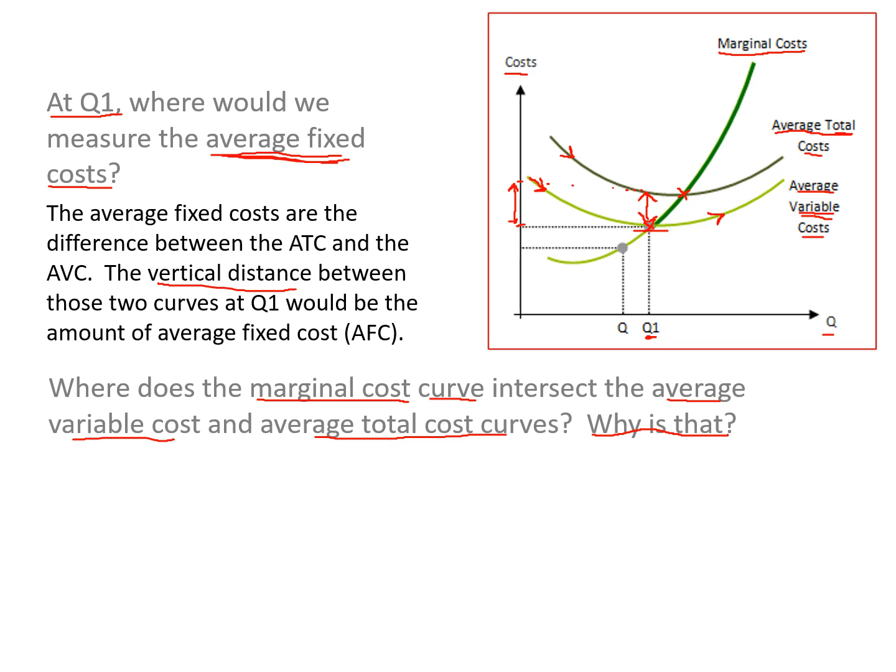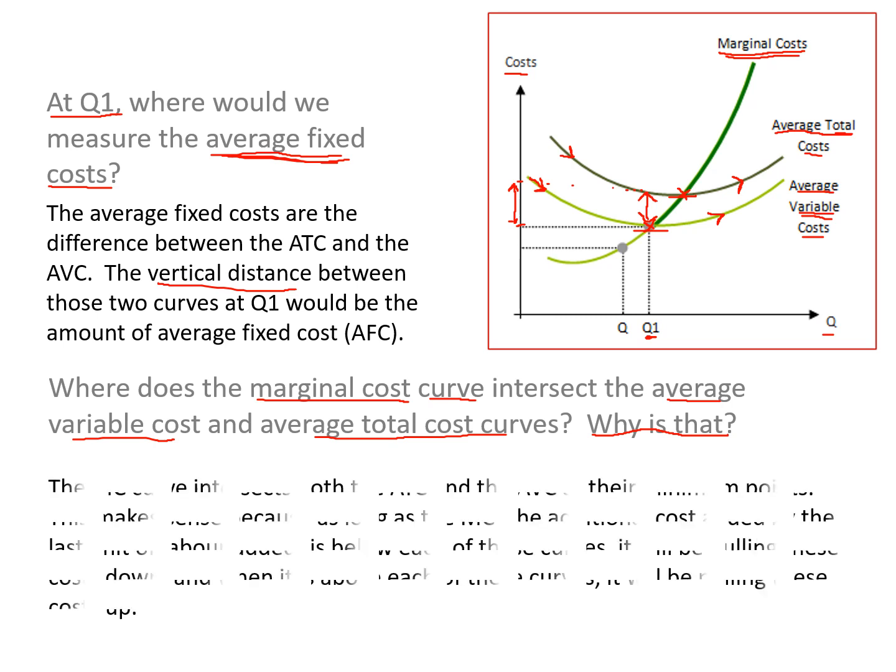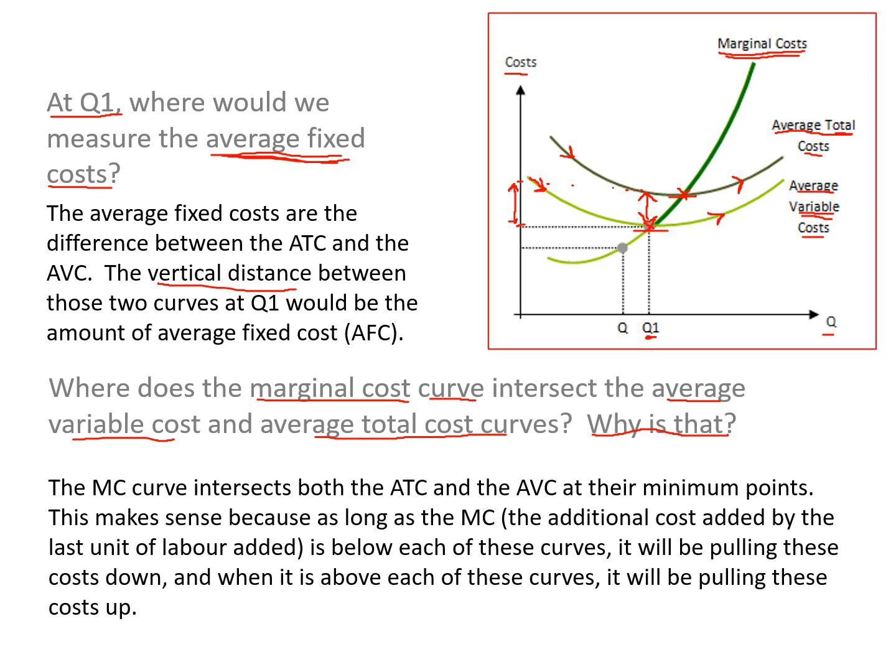So the average total costs reaches a minimum here at a slightly larger quantity, and then it starts to increase. The interesting thing is that the marginal cost, which is the cost for each additional unit, intersects at those minimums, at their minimum points.